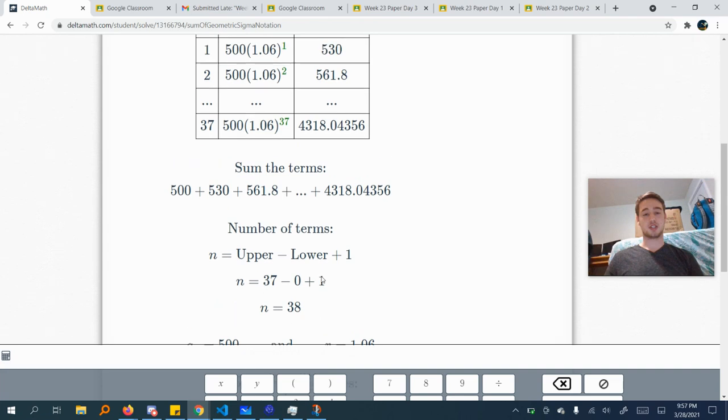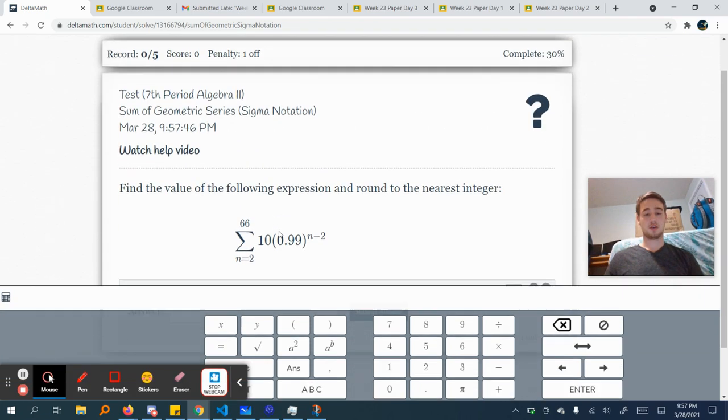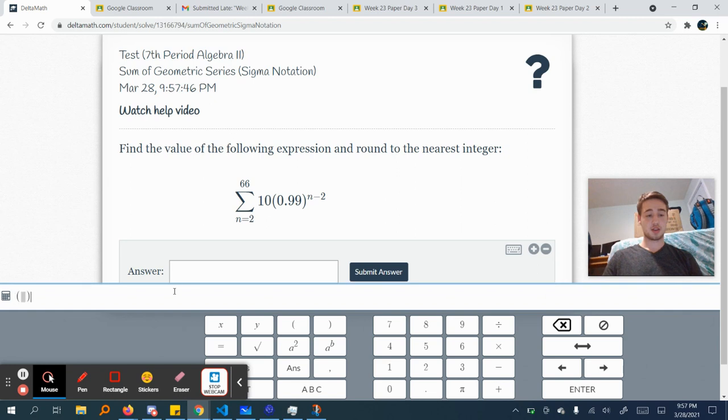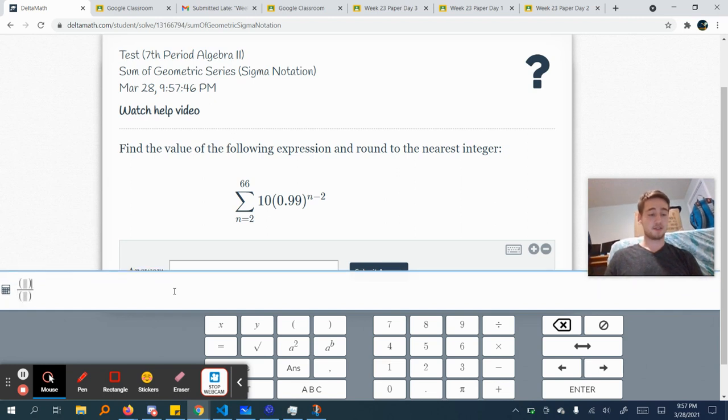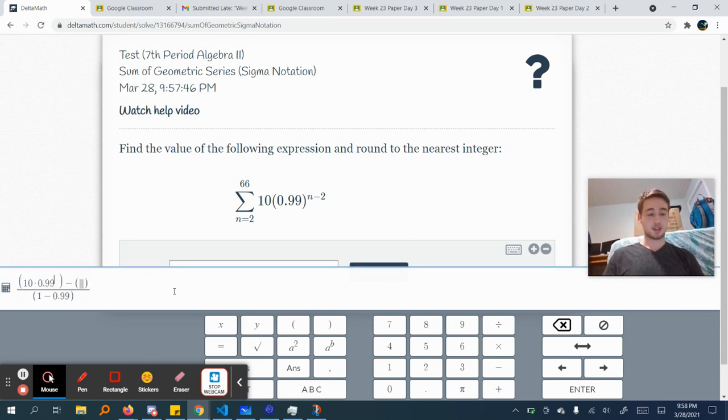So what we are going to do is try this over that. First term minus last term over 1 minus the ratio. So 1 minus 0.99 is going to be our denominator. Our numerator is going to be 10 times 0.99 to the 2 minus 2, which is going to be the 0 power.